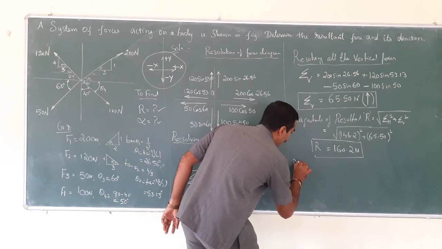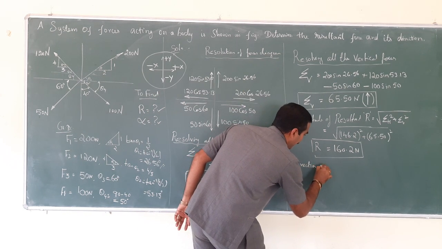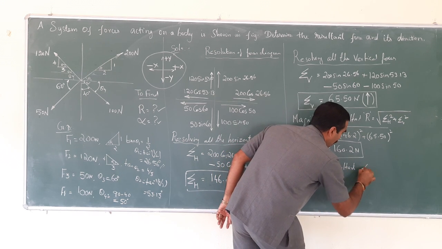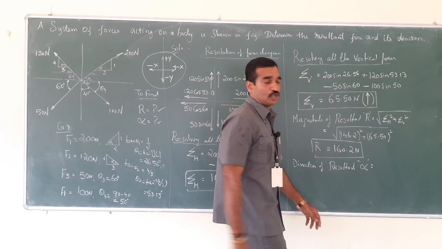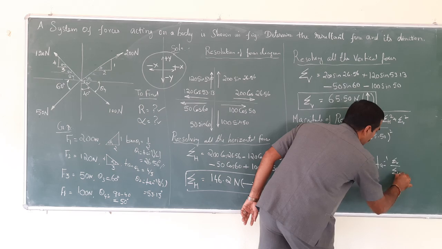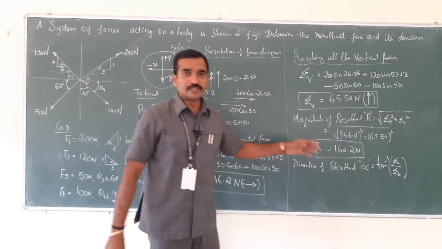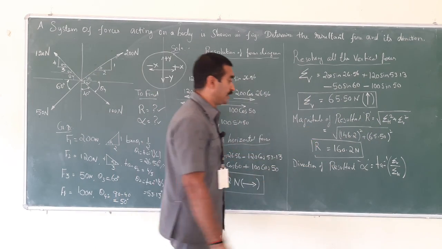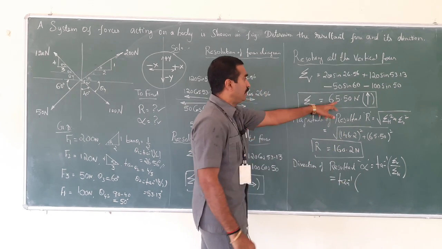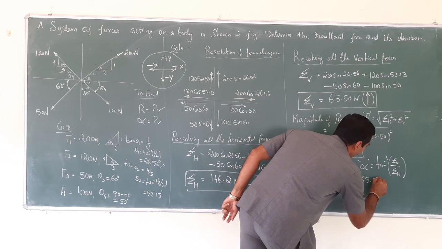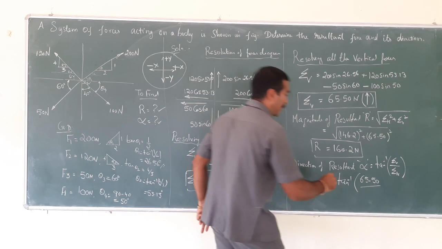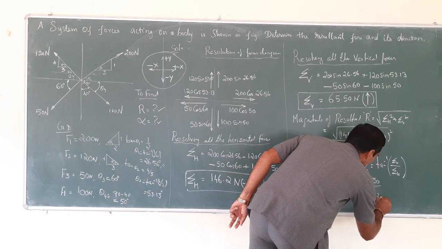The direction of resultant in terms of alpha is equal to tan inverse of summation V by summation H. Now substitute these values: tan inverse of 65.50 by 146.2.